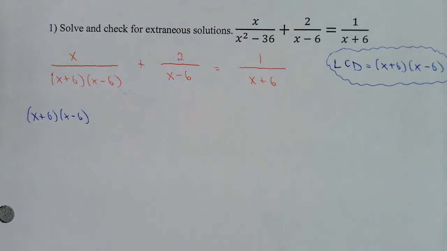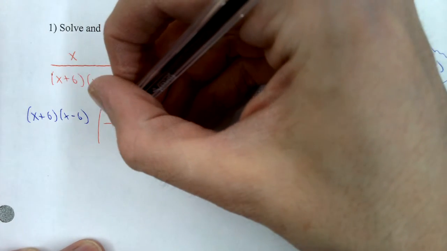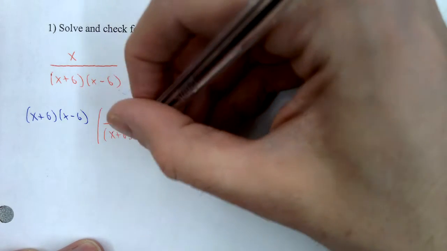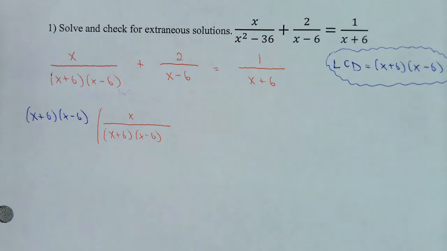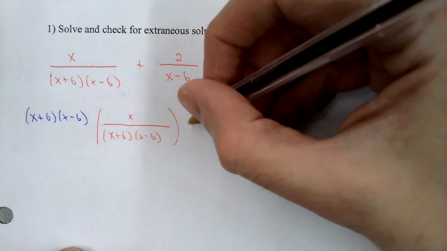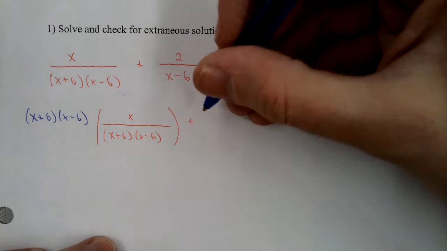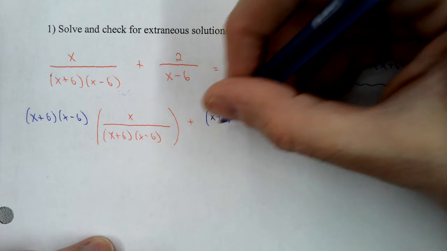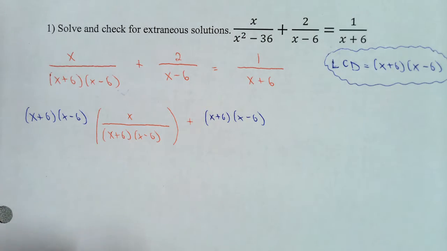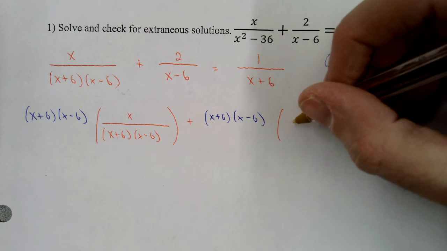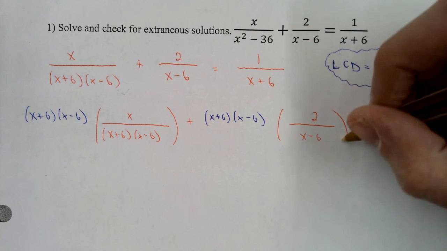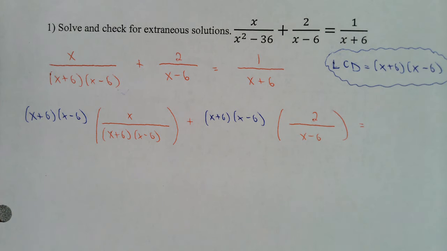So the LCD times the first term, plus the LCD times the second term, equals the LCD times the last term.